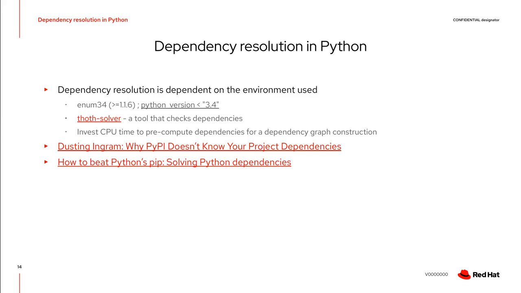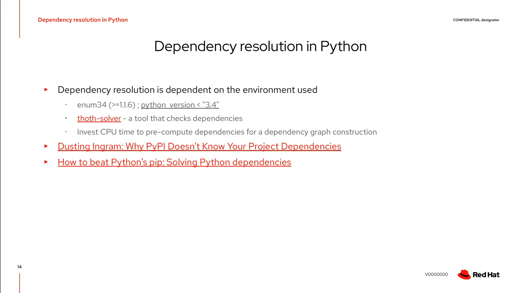Things might be even more complicated because these dependencies might be stated in setup.py, and the final list of dependencies that should be installed with the software can be created dynamically on each installation. That's why we created a tool called Thoth solver, and this solver can inspect Python packages and check what dependencies the given library has.